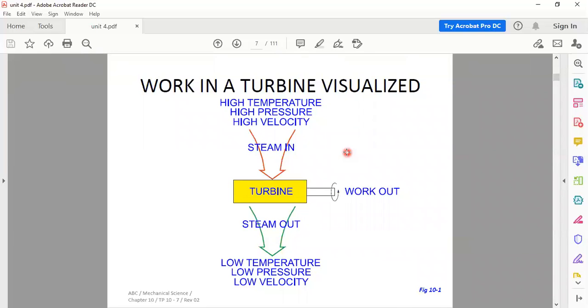So using the temperature, pressure and velocity, we get power in the form of rotary power, and rotary power produces electricity. Simply, high pressure, high temperature, high velocity steam is converted into low pressure, low temperature, low velocity, and the loss of the steam we have used for the production of electricity. This is the simple working of the steam turbine.